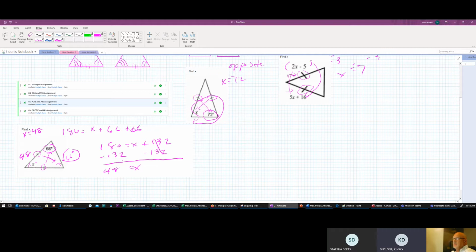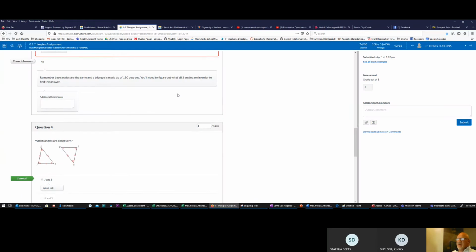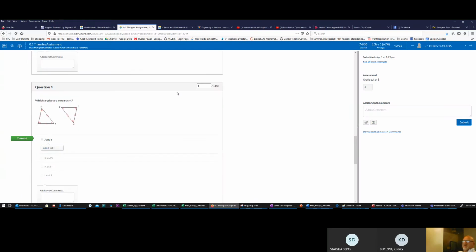Make sense? Yeah. And then down here, we've got three angles. We had congruent sides. The opposite angles are going to be the same. So we got 66 and 66 plus x equals 180. All right. So I think that's going to be about that.